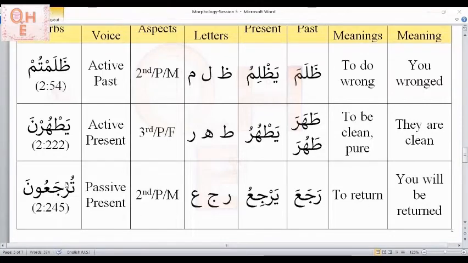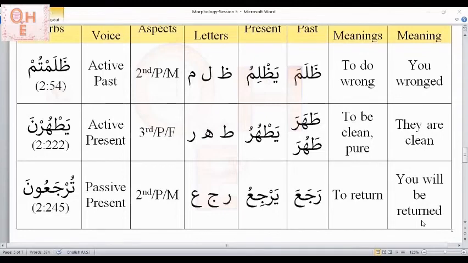So the final meaning: turja'una, this is passive present tense. The subject, the one on which the work is done, is second person plural male. The base meaning is to return, so the final meaning will be: you will be returned. Alhamdulillah, we finished. We did 6 words.